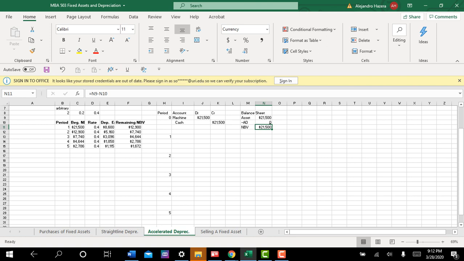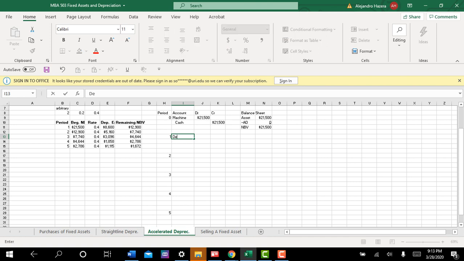Make sure to realize that our asset is always equal to the debit to the machine account, to the asset account, whatever that is, and that the debit to the machine account should always equal your initial net book value. Very important rules.